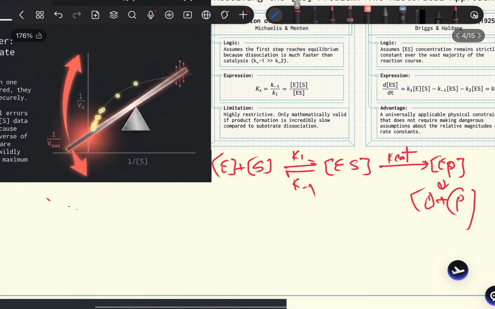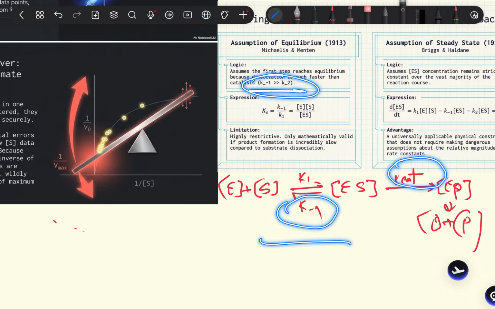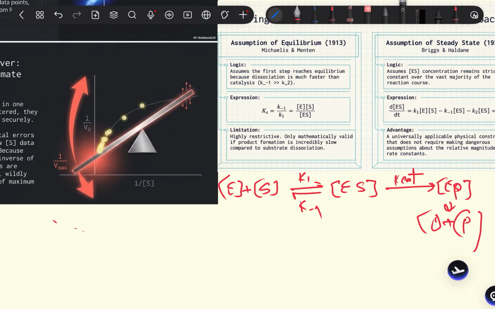The important thing is that Michaelis said that it reaches an equilibrium, and we assume that the dissociation is much faster than catalysis. So it will move backwards, and therefore you can equilibrate this with this. So the expression was this. However, it is valid only for limited cases, right?